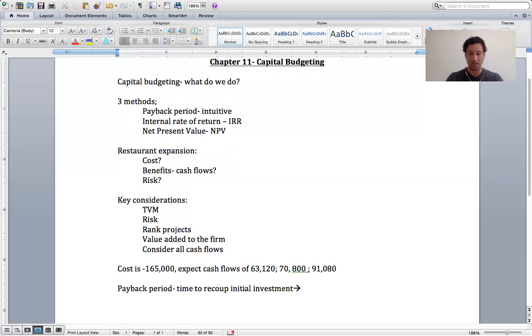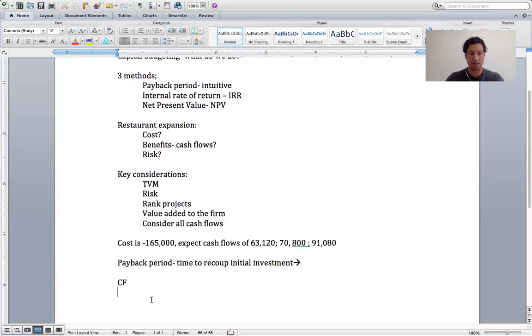So let's try it. So our cash flows would be, currently we're at negative 165. All right, and then we'll add to that 63,120 in year one.